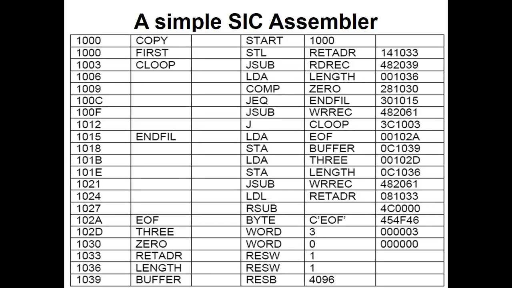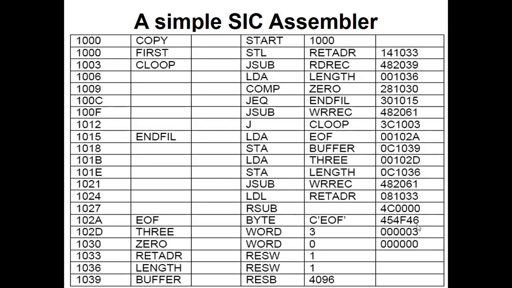For example, characters EOF are represented by their ASCII codes in memory, so you should know the ASCII code for E is 45, for O is 4F, and for F is 46.